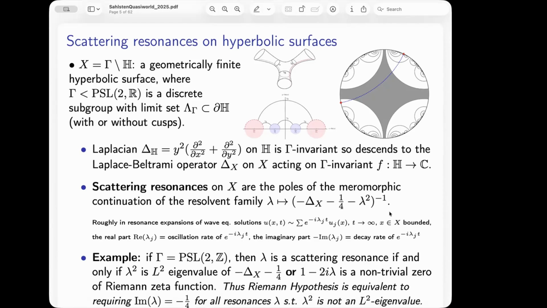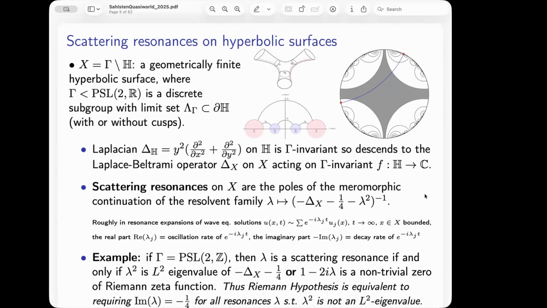From the form of the Eisenstein series, you can find out what the resonances are, and they actually come from the zeros of the Riemann zeta function. The idea is that they should all lie on the line where the imaginary part is equal to -1/4, except if they come from the L2 eigenvalues.